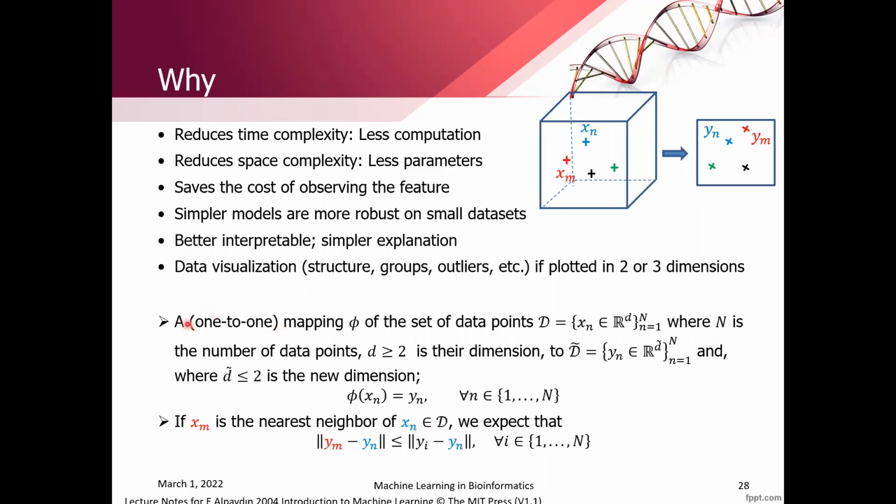The original point x sub n is one row of this big observation matrix capital X. We would like to map it to some lower dimensional space. y sub n is the mapping of x sub n. And for visualization, we need at most 2 or 3 dimensions.